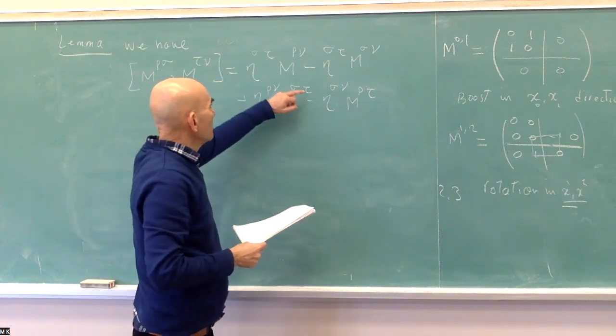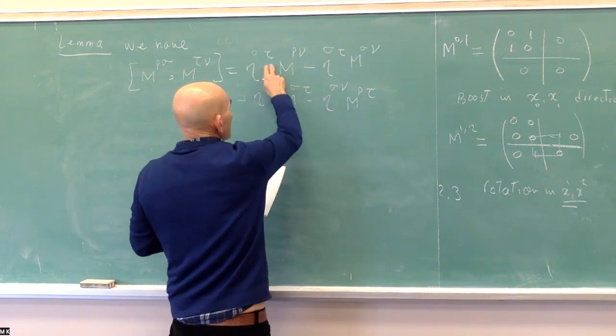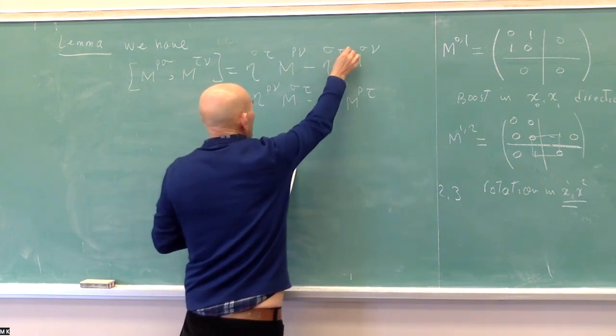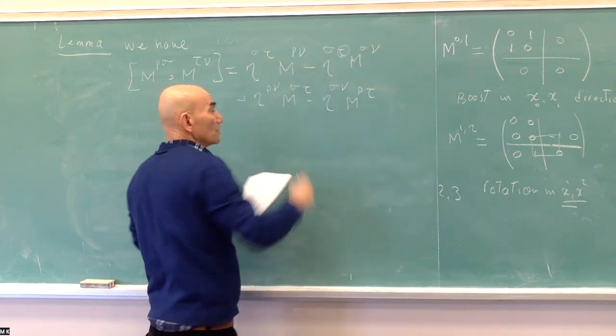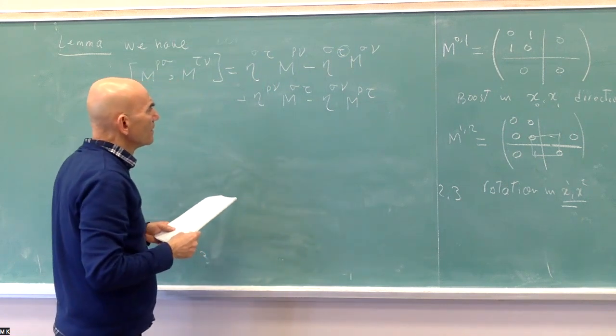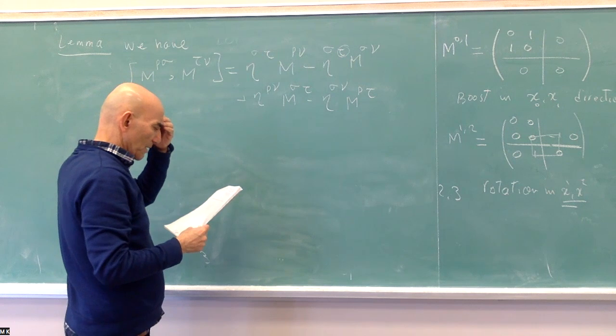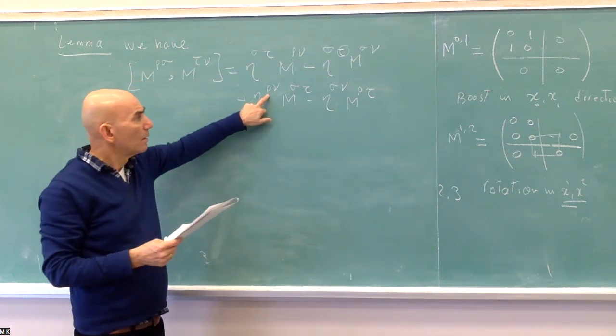I may have made a mistake here. It might be new. Not sure. There should be a row in the second term. Which one? A row is missing. Indeed, the first one is row. And then the second, the top right term.